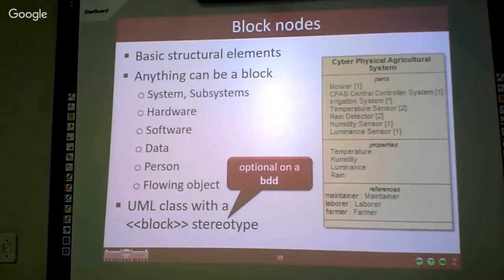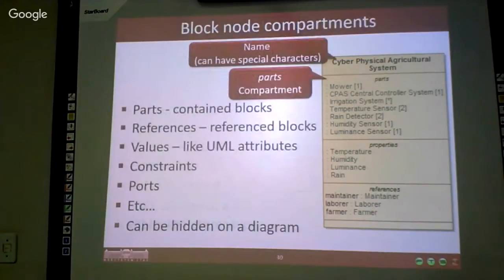And a block is a UML class with the block stereotype, but actually the modeling tools do not use this notation. But you have to be aware of that. So a block has a name and it has parts.